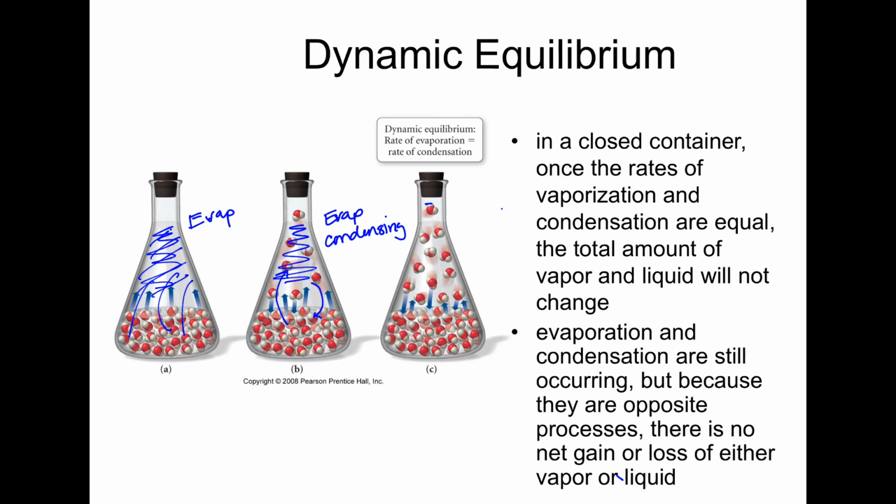Once those gas particles are in this vapor phase, so we've created a vapor phase above our liquid, once they become part of that vapor, they, like we said, follow all the gas laws. So these gas particles are exerting a pressure on their container, and that's called the vapor pressure.